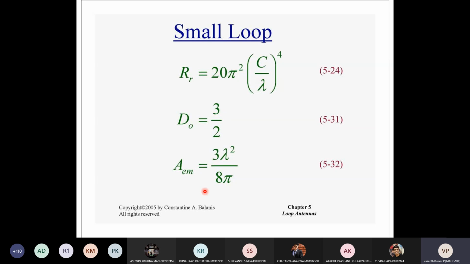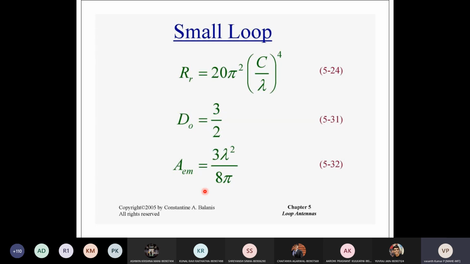Then only you will get to know. So please don't hesitate to do that. We can't show it in the slide because it takes a lot of steps. The formula is given in Balanis's book, and if you want the solution, I can also pass it on to you through WhatsApp. Let me know about that. Otherwise, we have completed the small circular loop. Is it fine?